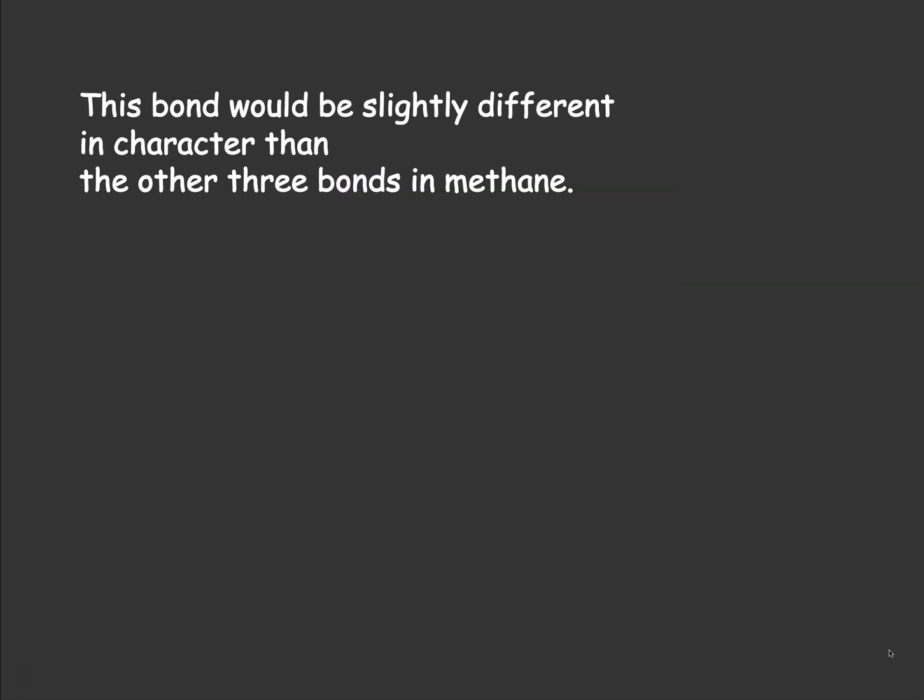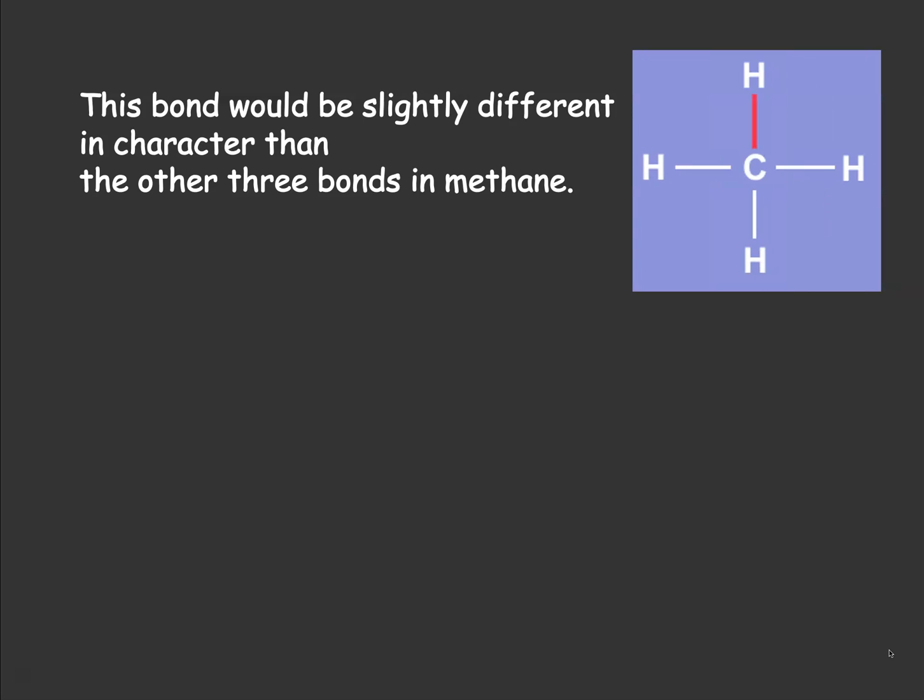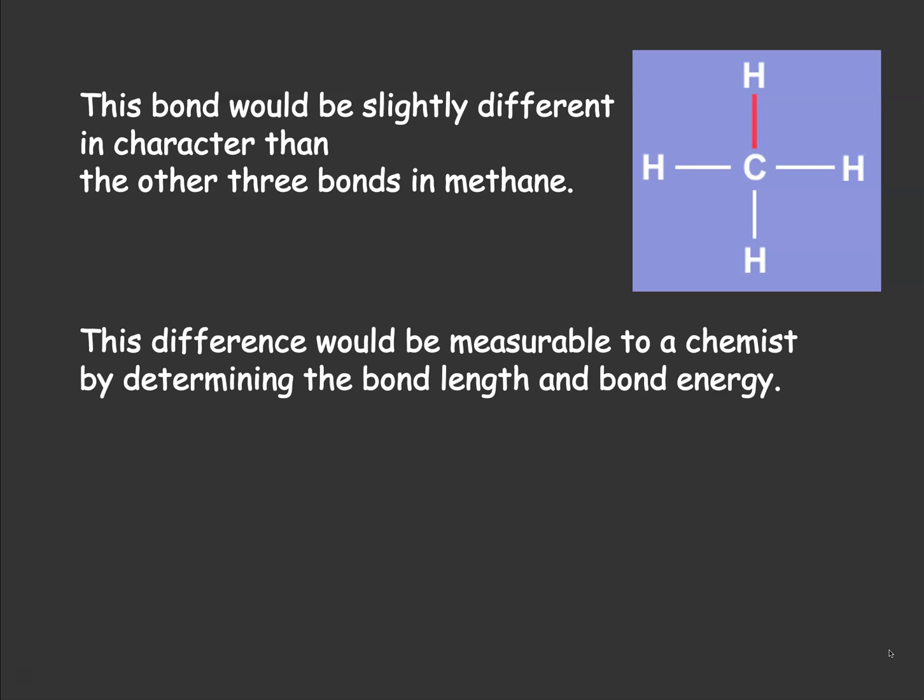So the bond would have slightly different characteristics than the other bonds. Again, any difference suggests it is different. But again, all 4 bonds in methane are identical. So that's the bond we're referring to right now as the problem child. And this difference between this blinking bond and the other 3 bonds is measurable to a chemist when it comes to bond length and bond energy. If it's measurable, then you have to accept it for what it is.